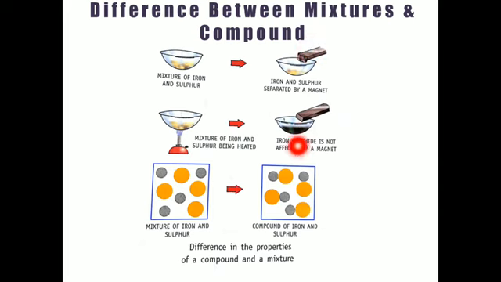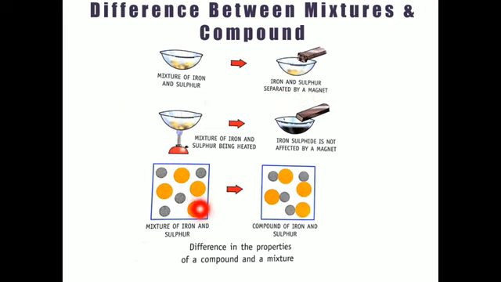Now if you put a magnet into it, nothing is going to attach to the magnet, because iron is no more iron, it has become iron sulfide, and the properties of iron sulfide are totally changed, as we have discussed in the differences. It is totally changed by applying heat. Every point which we discussed in the previous slide is covered in this.